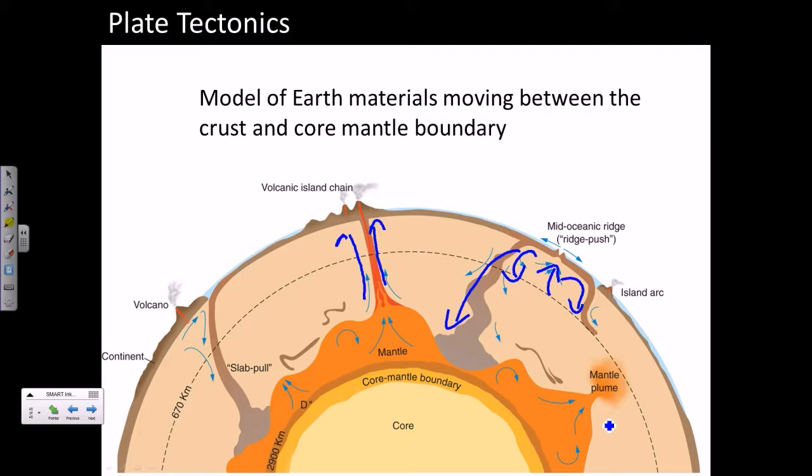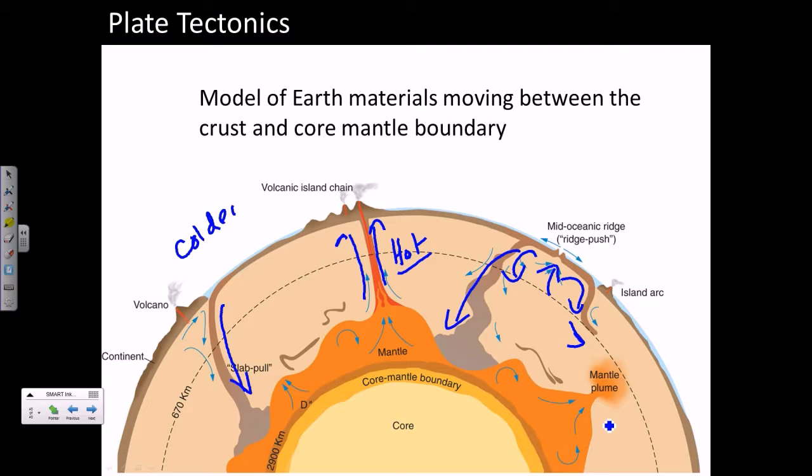We have rising magmas or rising rocks which undergo decompression melting, and then sinking slabs over here to the right, which are also coming down. But what we see is a lot of mass exchange or vertical mass exchange within this system. So things that are cold or colder, okay, and things that are hot or hotter.